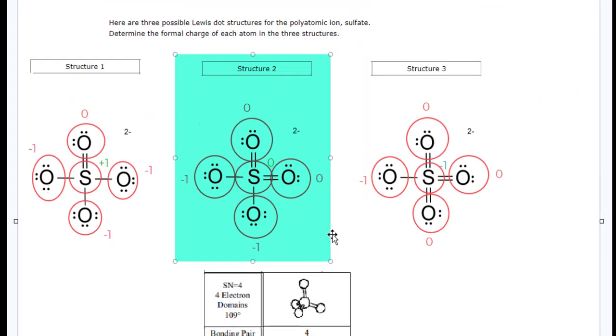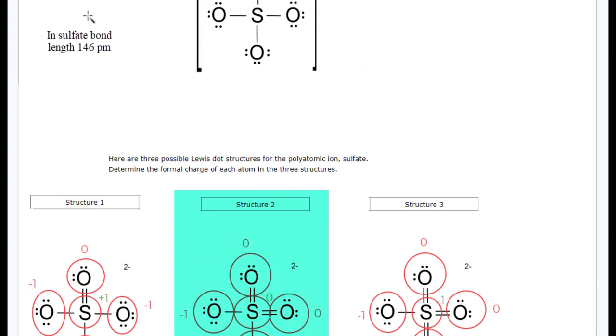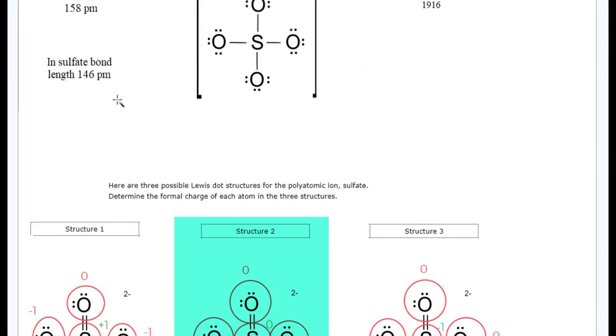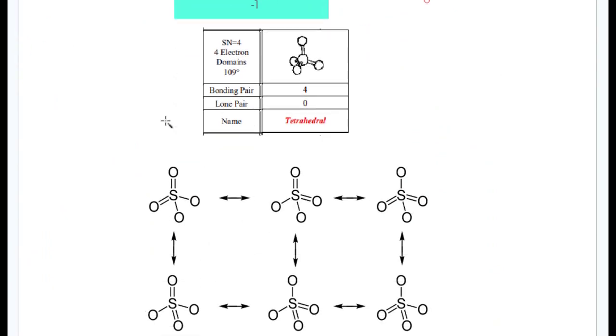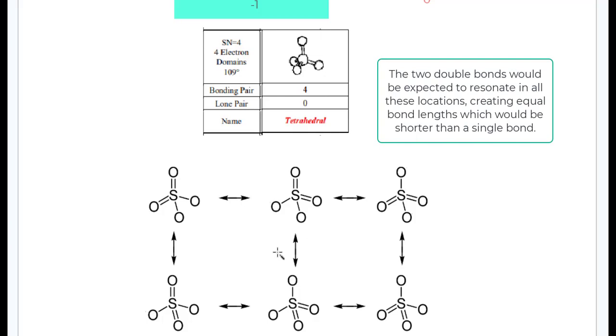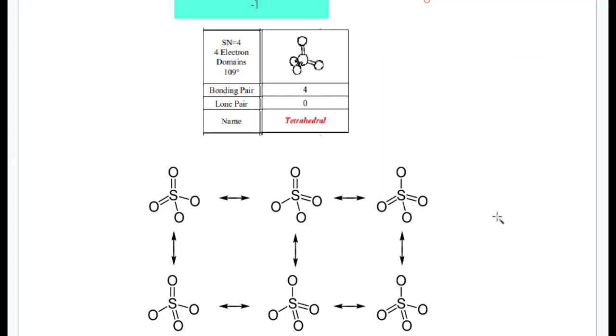And also, we have a shorter bond than we normally have because we have a double bond here, and that double bond is going to be resonating everywhere. I mean, if you lock this sulfur in place and try and figure out all the possible places where you could put this double bond, you'll find them all over the place, and that double bond would end up creating a shorter bond. So this looks really good.